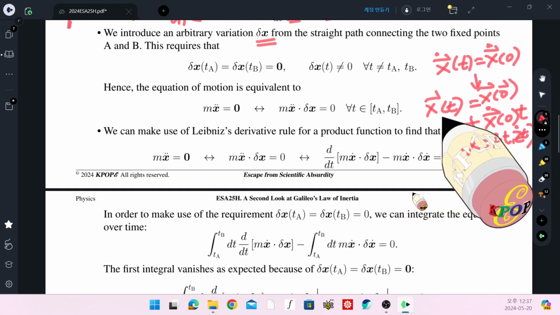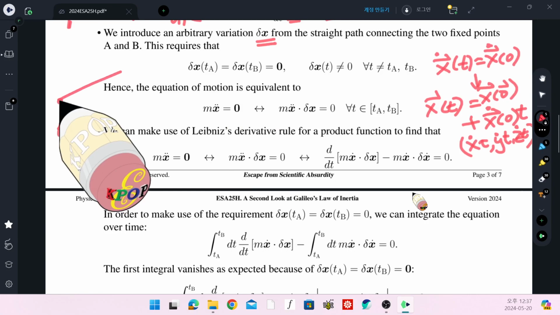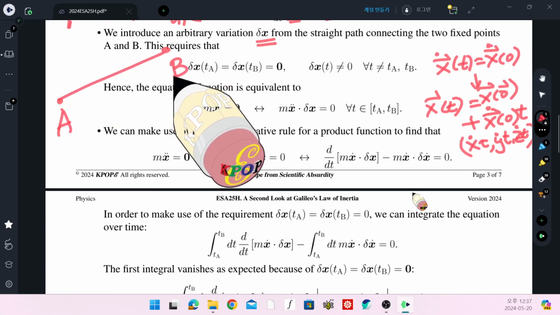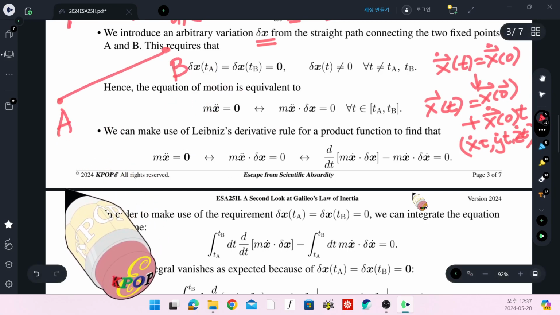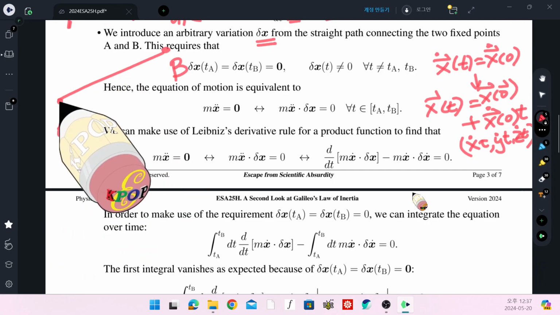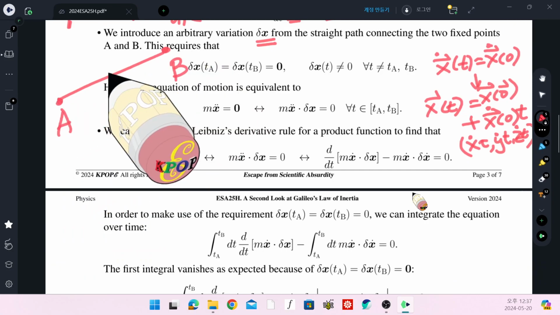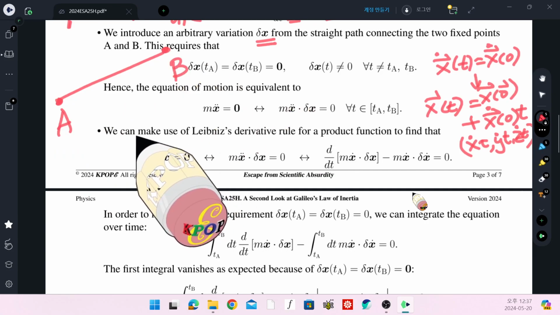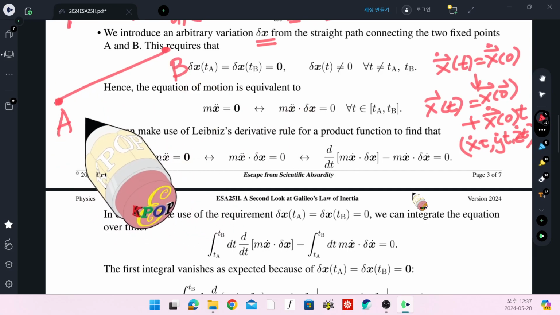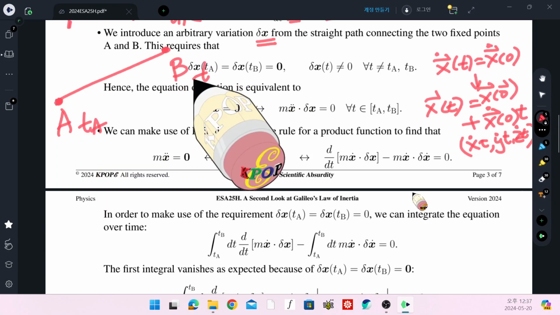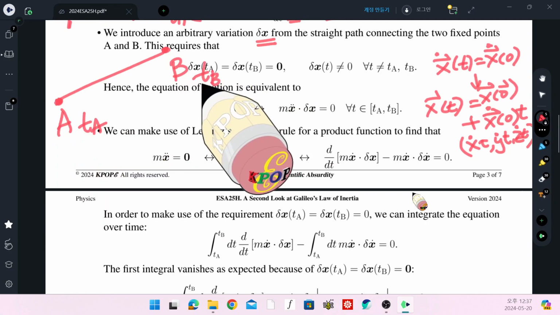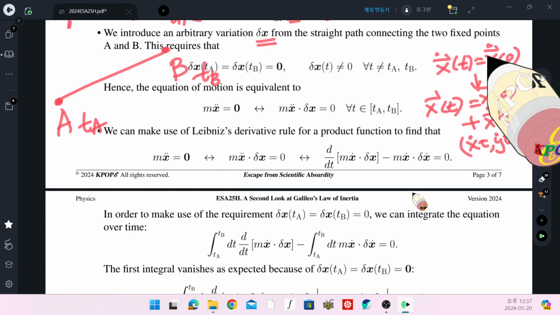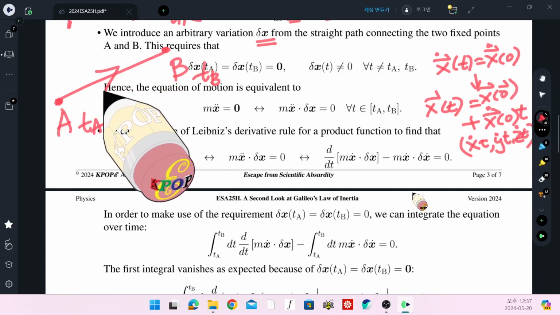Therefore, we can consider the variation of the particle's path. We know A and B are two positions, the initial and final position of this particle at time ta and at time tb. And we know the actual physical path of the particle from A to B is a straight line.